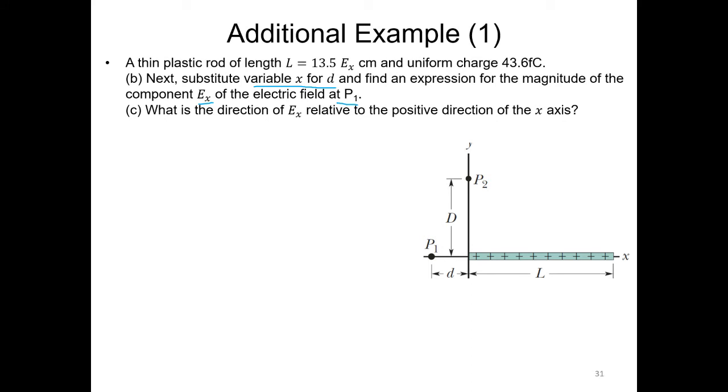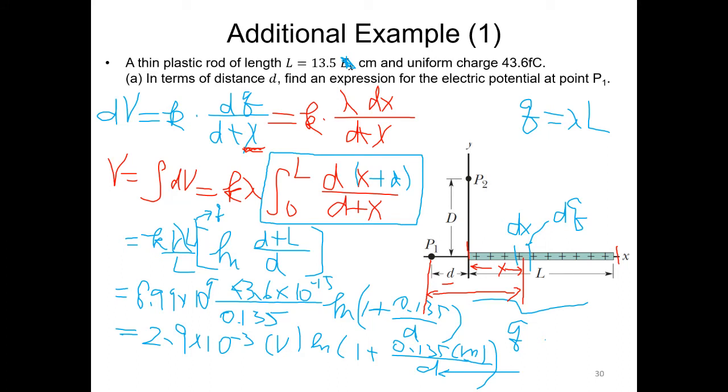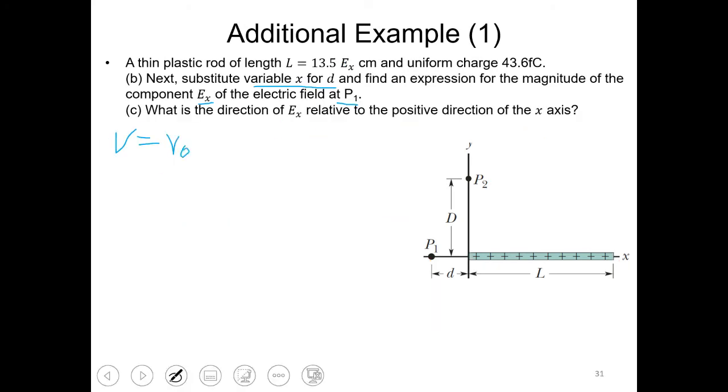So we will have V equals this 2.9 times 10 to the minus 3, which we call V0. So here we have V equals V0 ln of 1 plus 0.135 meter over x, because it asks us to substitute variable x for D.